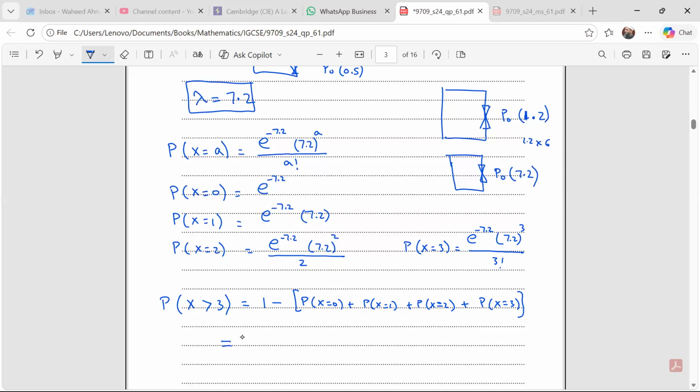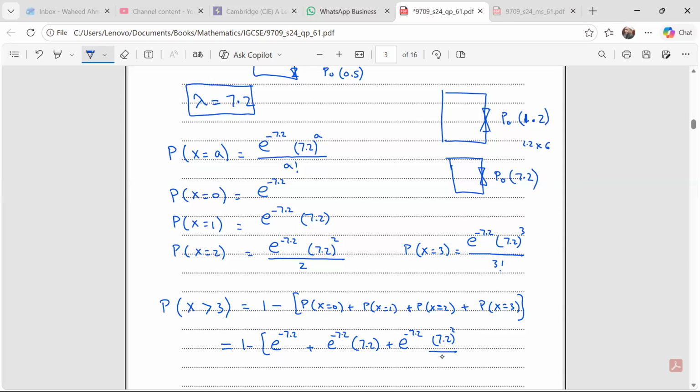So this is 1 minus, and then the probability of 0 is e to the power minus 7.2, plus e to the power minus 7.2 times 7.2, plus e to the power minus 7.2 times 7.2 squared over 2 factorial, which is 2, plus e to the power minus 7.2 times 7.2 cubed over 3 factorial.